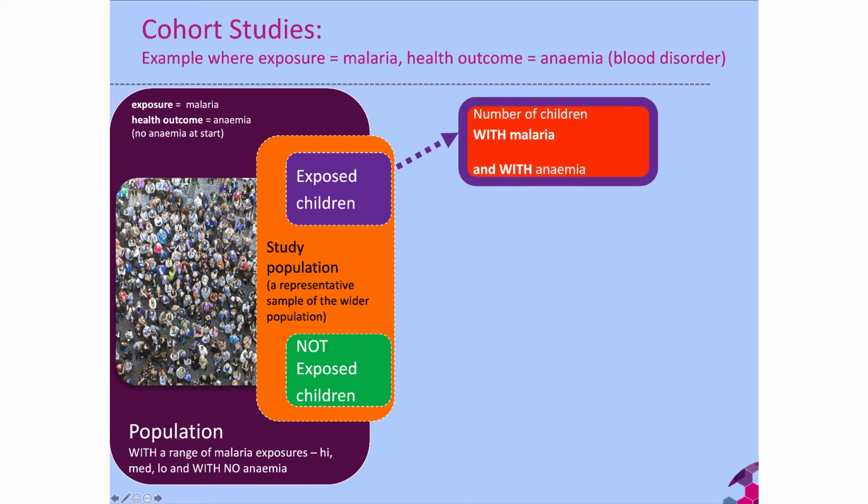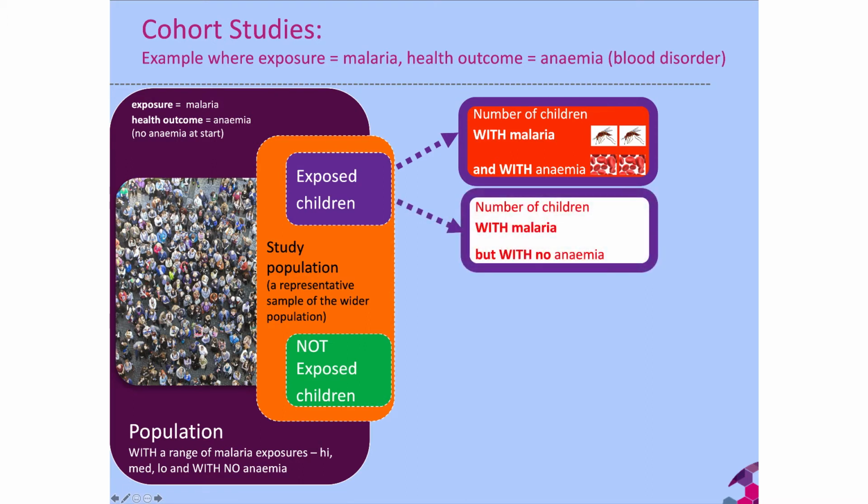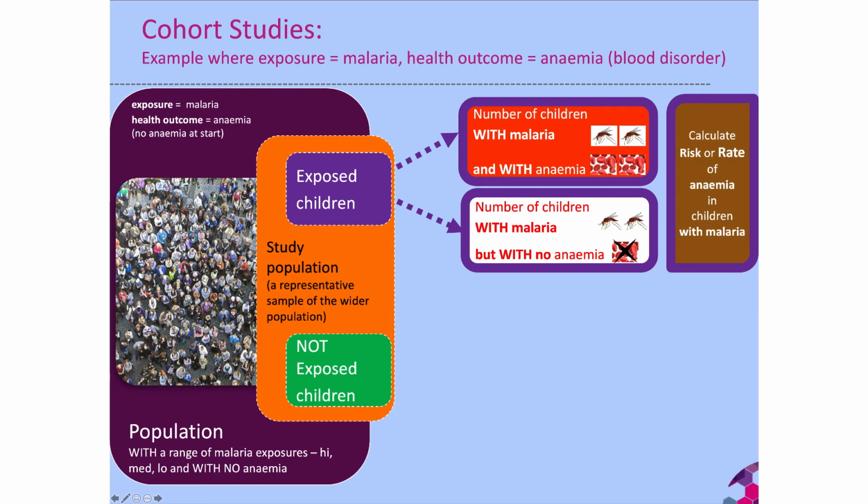And then we find the number of children with malaria and with anemia. And we find the number of children with malaria but with no anemia. And we can calculate the risk and rate of anemia in children with malaria.